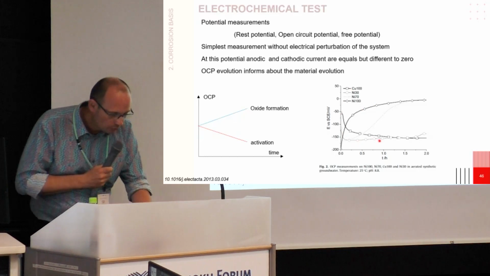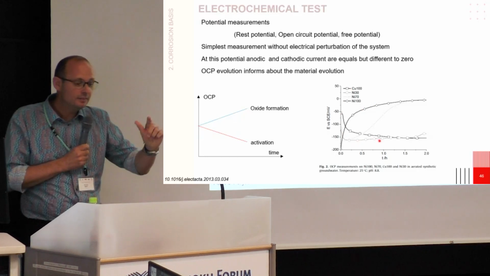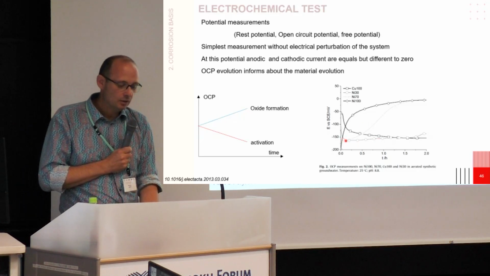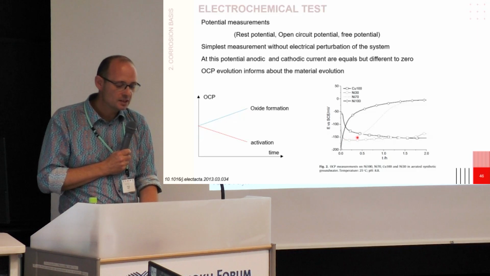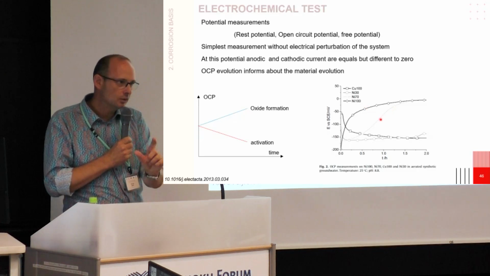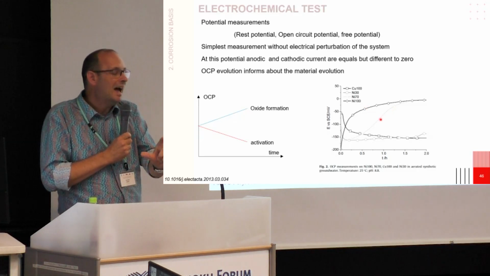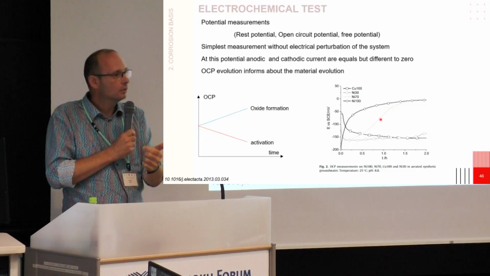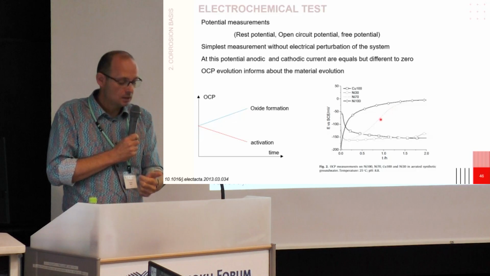And what happens for the intermediate composition? If we still have a lot of nickel in the solution, we still have an increase of the potential with time. You see that it is different. That means that the chemical composition of the material has an effect on the growth of the oxide layer and its stability.